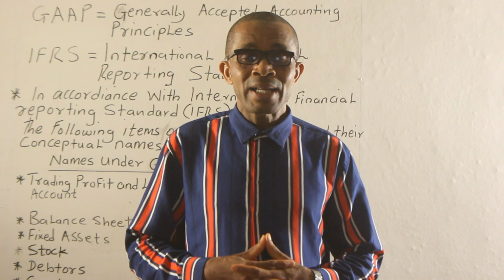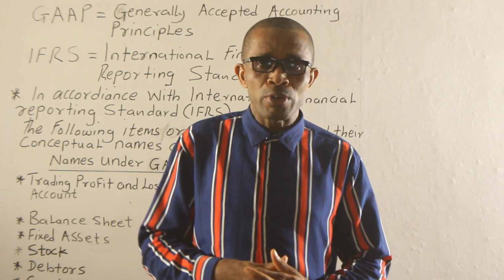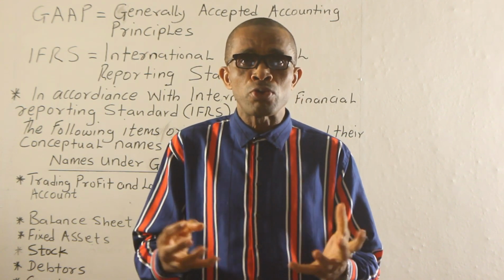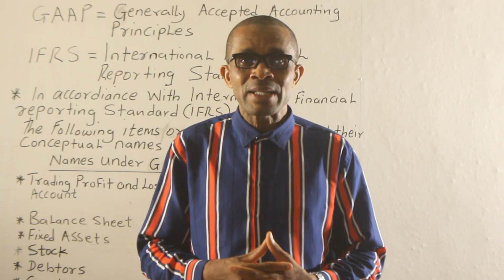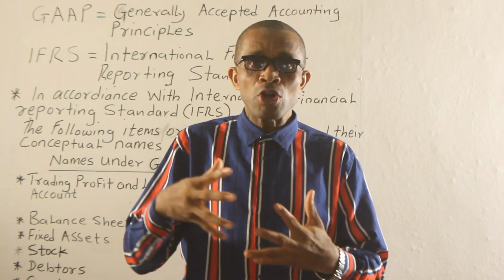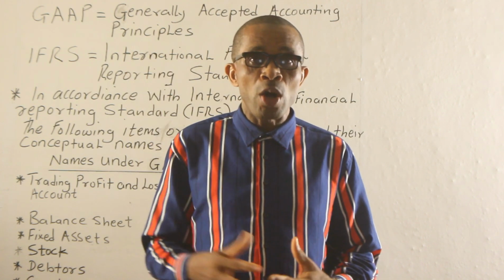What do we mean? It is a standard or a form of book, a form of law book. It sets common rules. Why does it set these common rules? So that financial statements around the world can be consistent and transparent and also be comparable around the world.